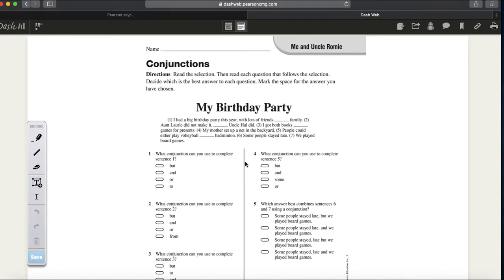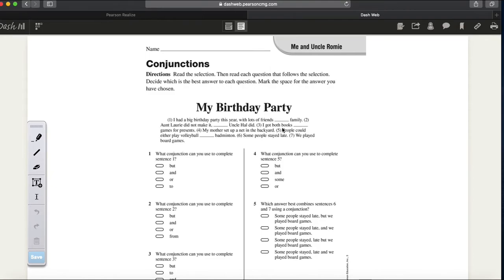Now we go to sentence 3. I got both books, blank, games for presents. So here, am I adding information or comparing? What do you think? Or choosing maybe? I got both books or games for presents. Do you get books or games for presents? Do we say this? Does it make sense? Of course not.